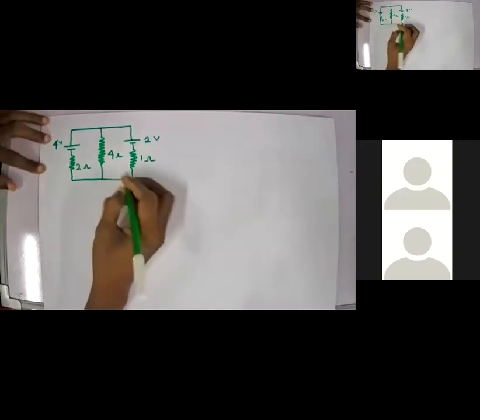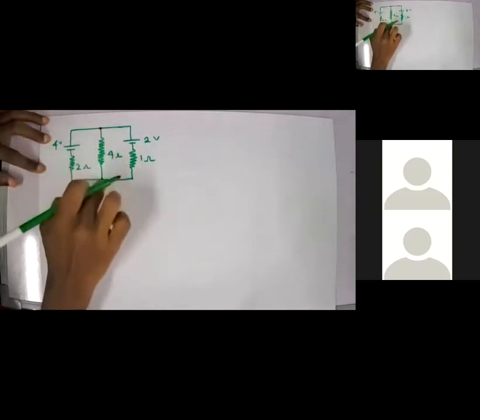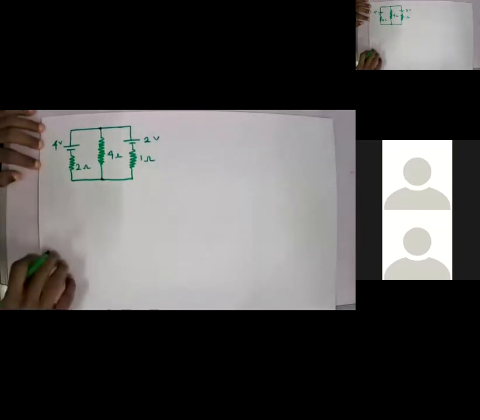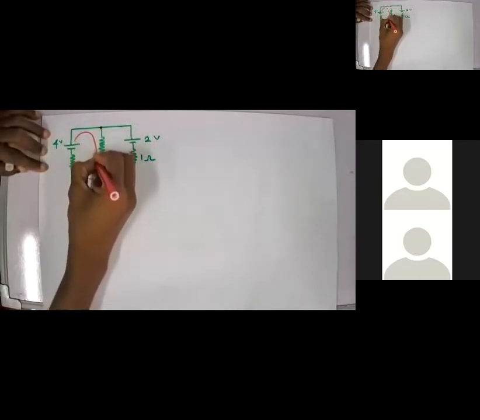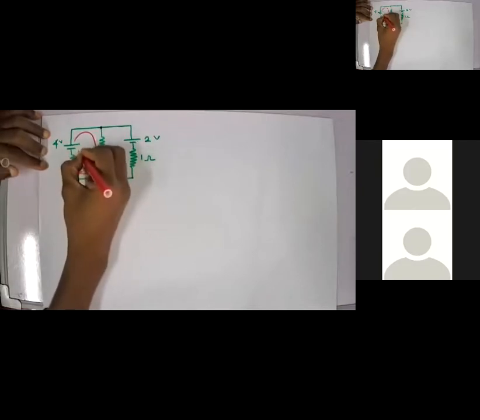Right. If I want to apply Kirchhoff's current law, I can apply the current law at these nodes. If I want to apply Kirchhoff's voltage law, then I need to find loops. So I can consider this as my loop 1. Right. So this is my loop 1.